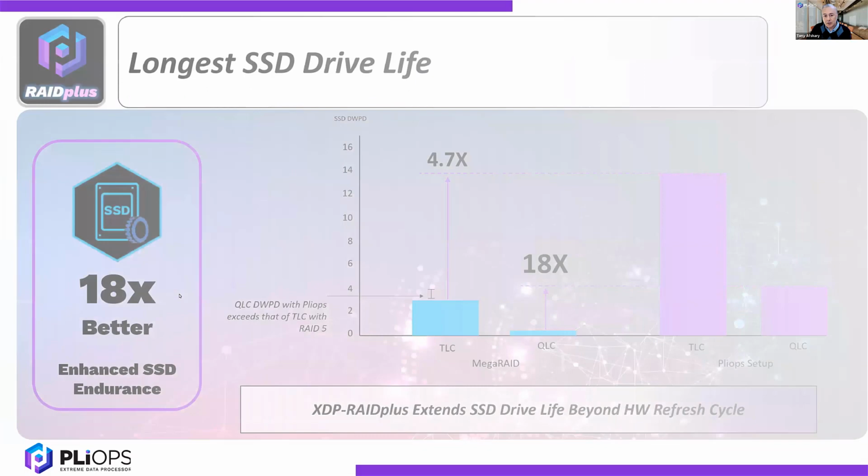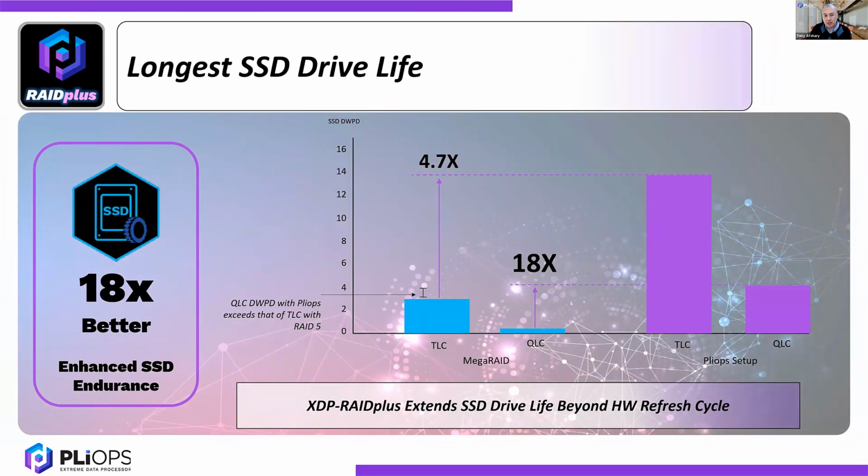The next thing I wanted to tell you about is the SSD drive life. When we talk to our customers, they all tell us that NAND flash can be the costliest storage component, with TCO directly linked to SSD costs. As a result, they have a vested interest in maximizing SSD lifespan. As you know, SSD endurance is typically stated in drive writes per day and represents the total amount of data an SSD can write over its lifetime.